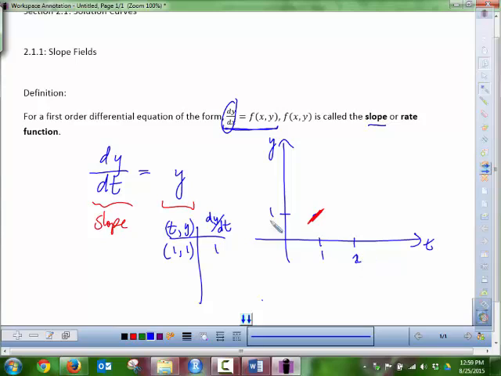T is equal to 2, y is equal to 1. This is again going to be 1, right? So that's going to be another slope that looks like it has slope 1. How about if we have t equal to 1 and y equal to 2?